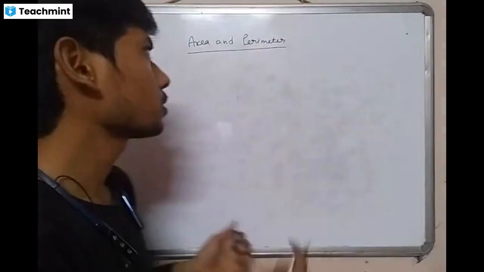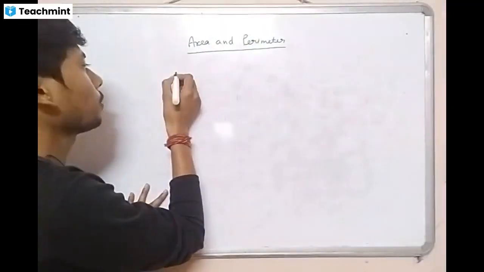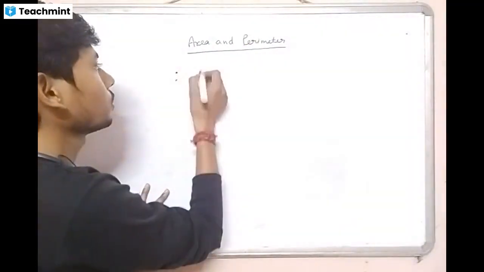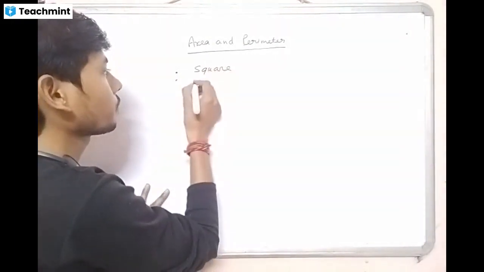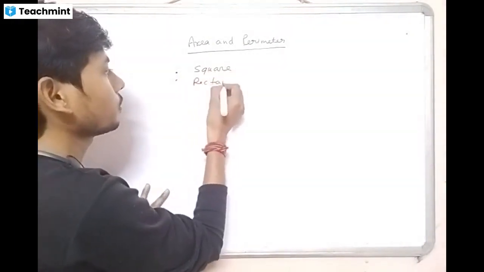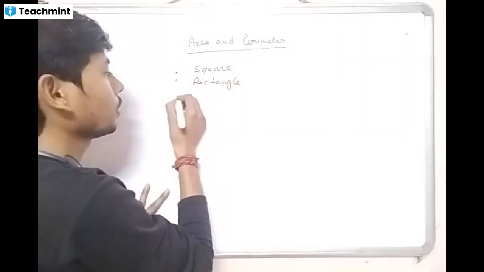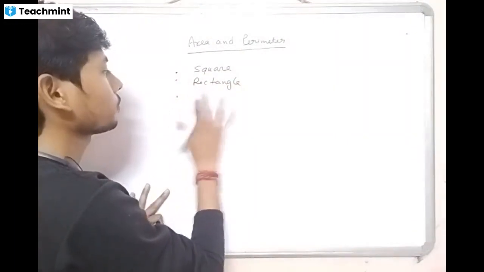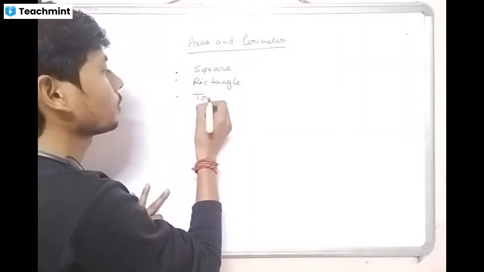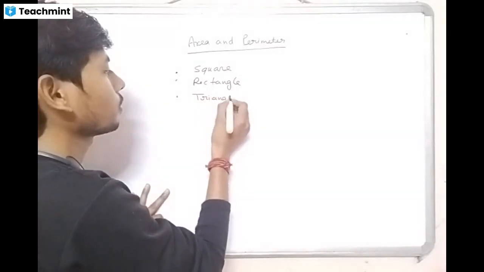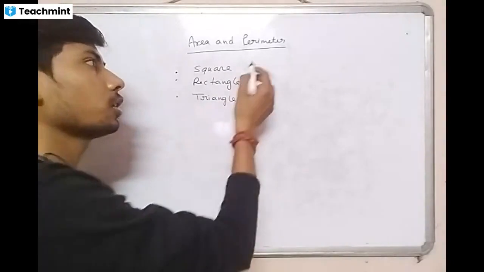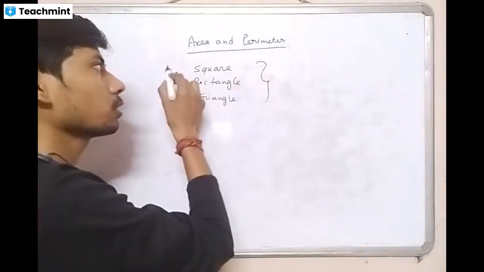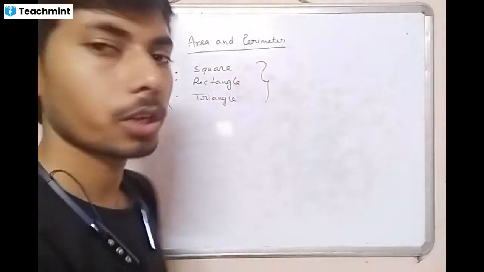Your syllabus is: square, rectangle, and right angle triangle. You only have to study three things: square, rectangle, and triangle.